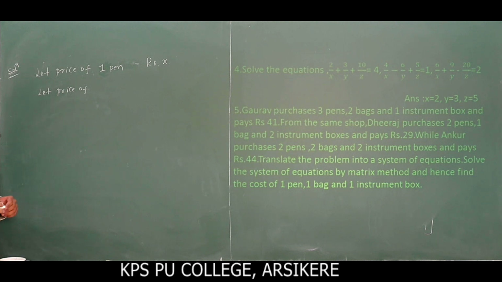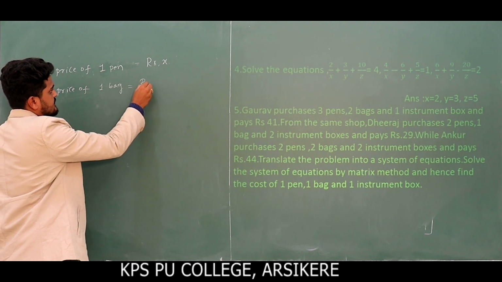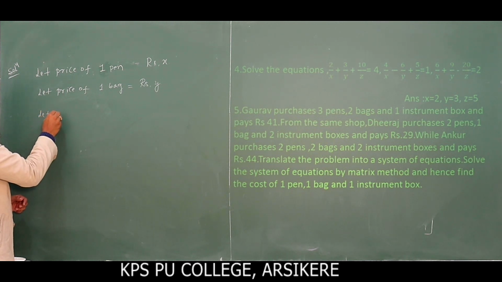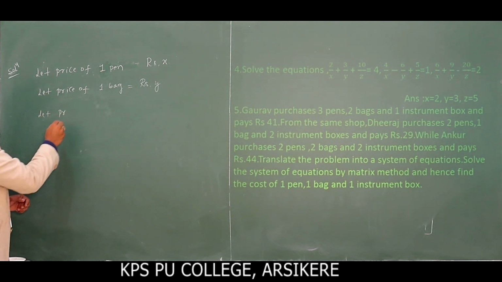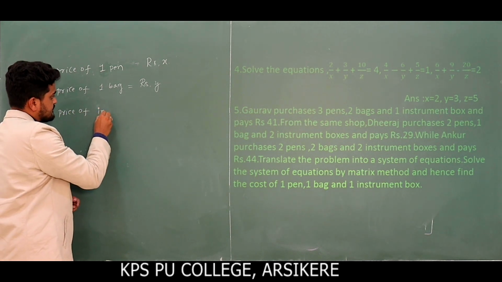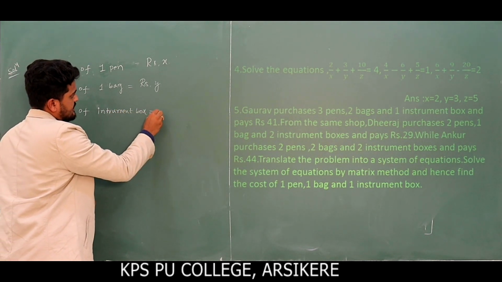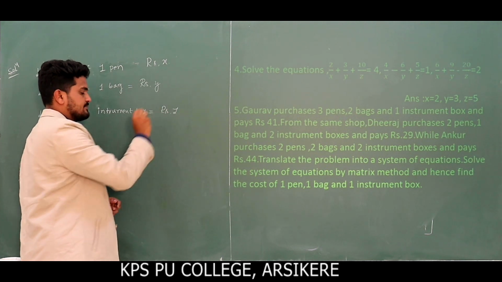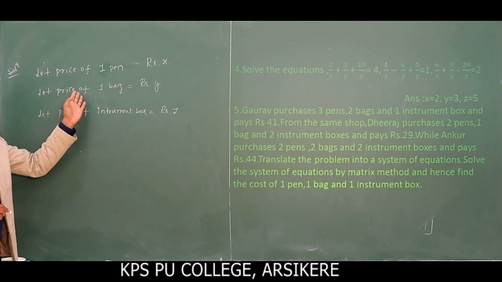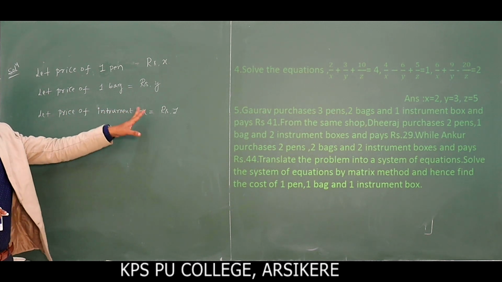Next, let the price of 1 instrument box be rupees z. Clear? So the price of 1 pen is rupees x, the price of 1 bag is rupees y, the price of 1 instrument box is rupees z.